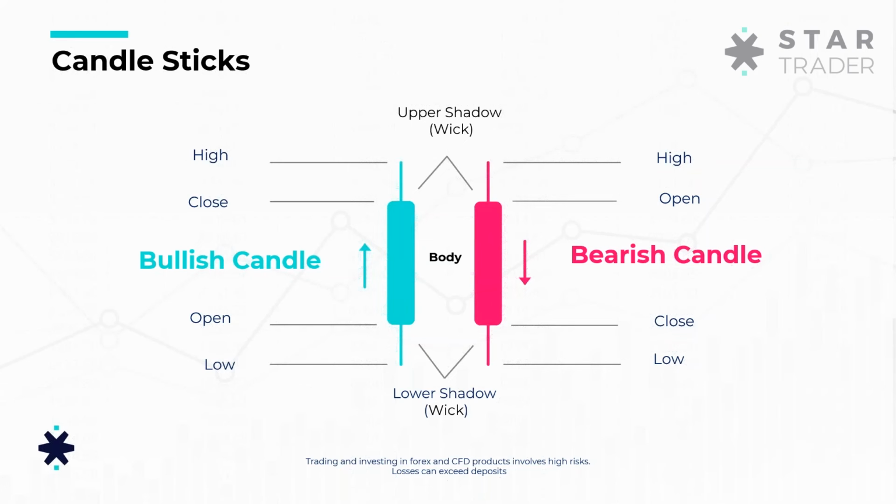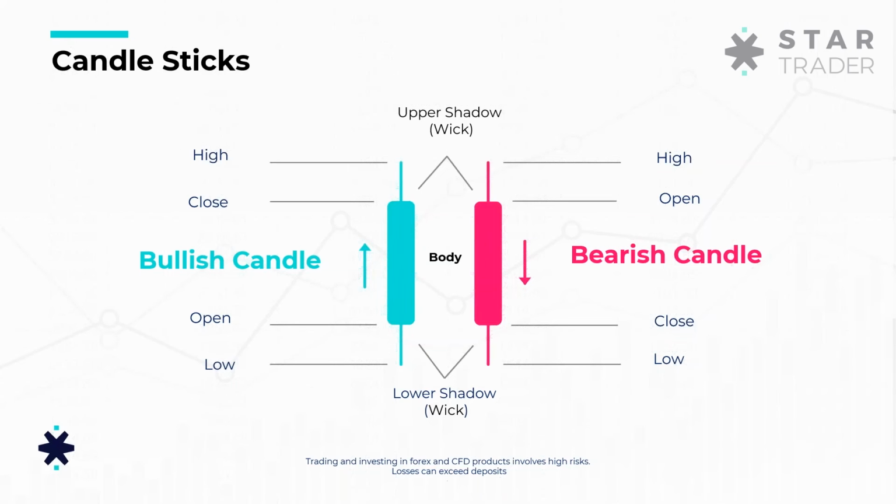When we go to the other side of the same bullish candle, we have the open price and the low price. The difference between the open price and the low price is called the lower shadow or lower wick. If you can see between the open and the close price, this space is called the body of the candle.